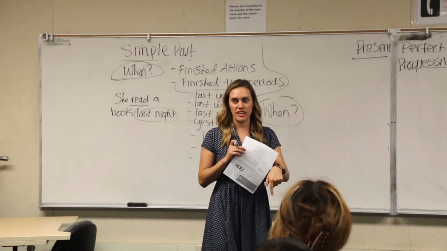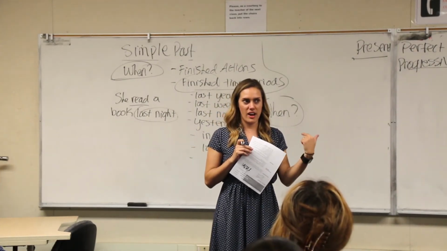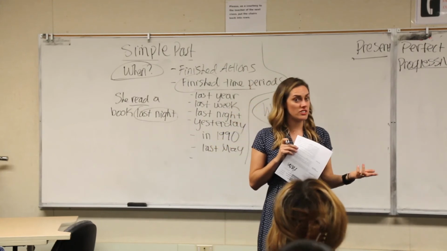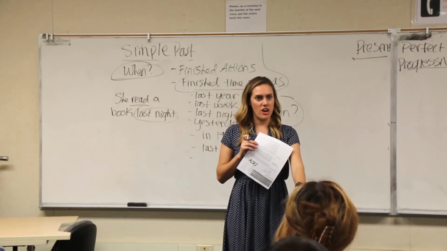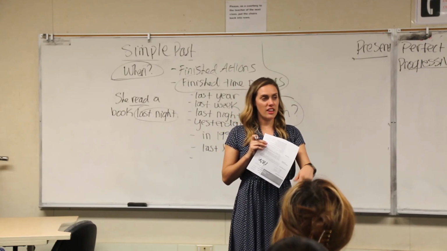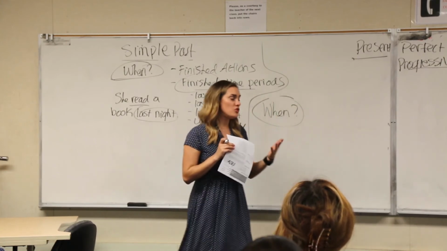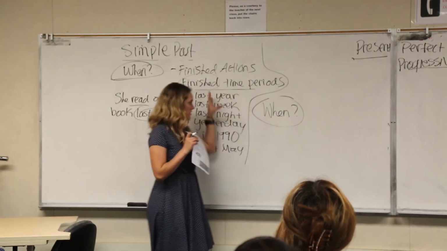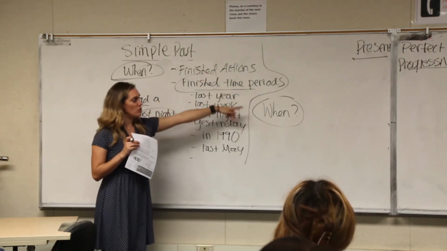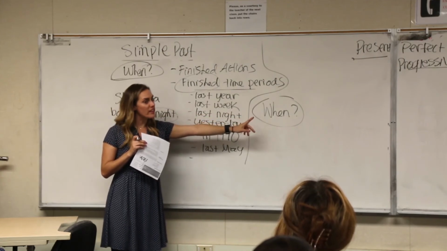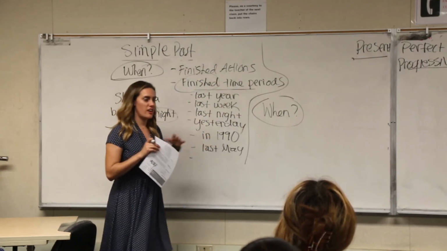When did you move to the United States? I moved here 2 years ago. When did you start Pierce College? Last year. So you're focusing on finished times and finished actions when you hear this question. Not always, but usually, okay?